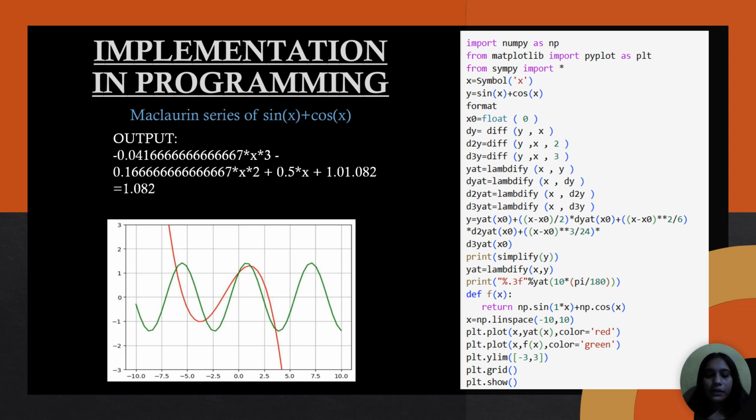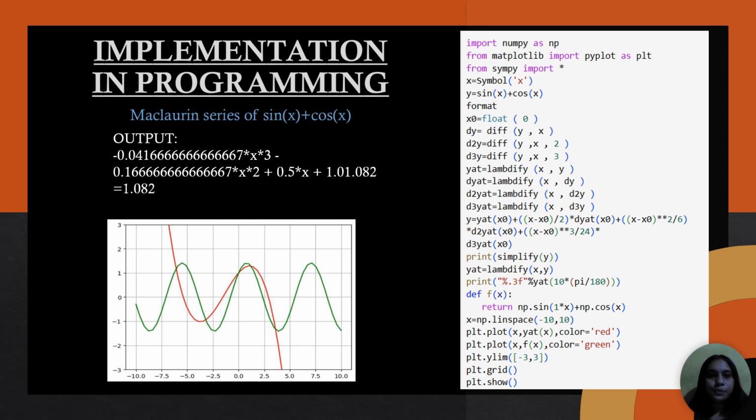NumPy is used for numerical calculations and creating arrays, matplotlib.pyplot is used for plotting graphs, and SymPy is used for symbolic computations like differentiation and symbolic math.